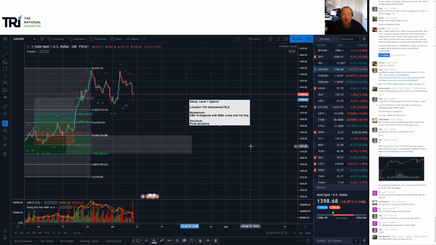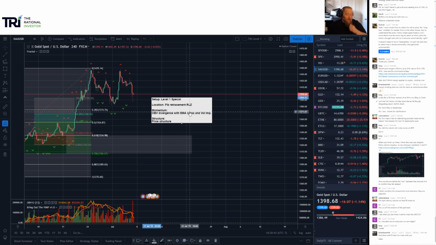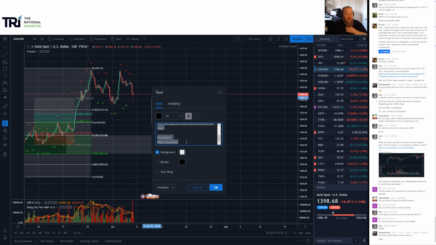And then mark where you would put your stop and take your profits. So profit at 2 to 1. So stop at low of price structure.